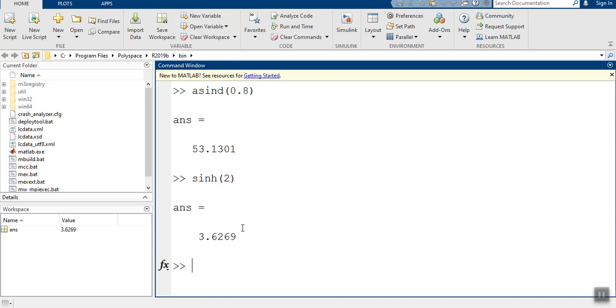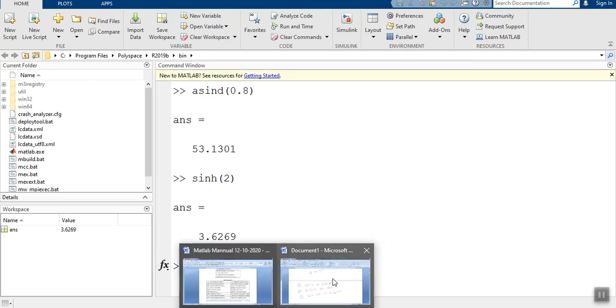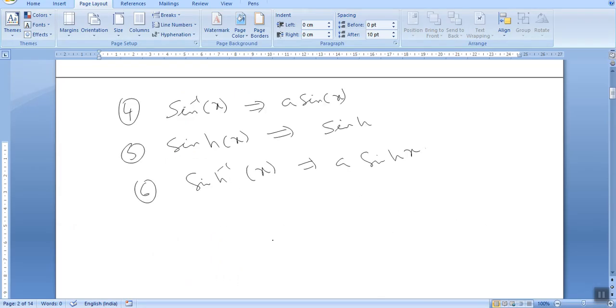This value is the same as, what is the sinh x procedure? Sinh x is a known mathematical expression: e power x minus e power minus x, divided by 2.